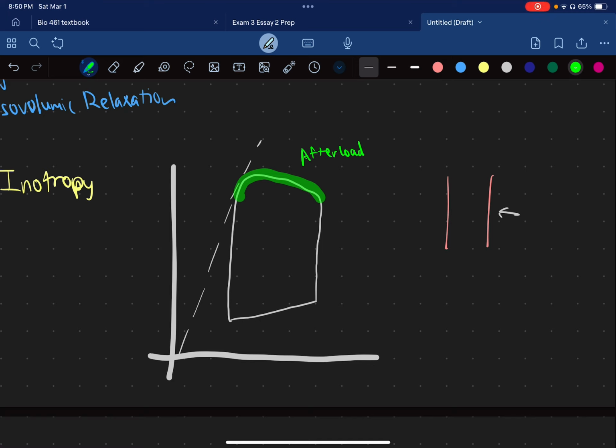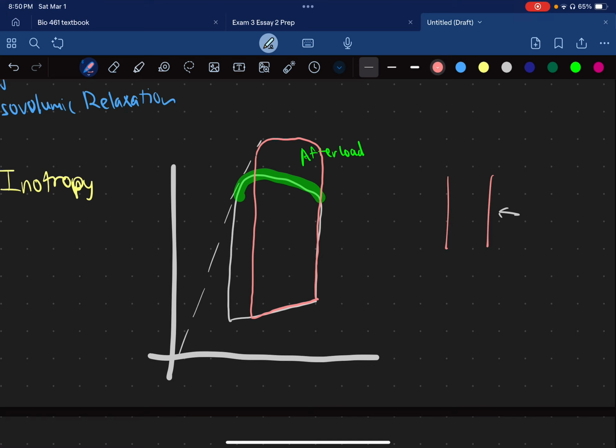So for example, if afterload were to increase, we could draw another one of these curves like this. The inotropy will stay the same, the contractility, but you're going to have to increase the pressure to be able to expel all of that same volume.